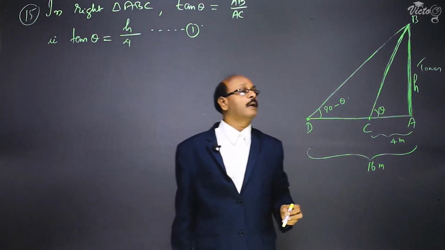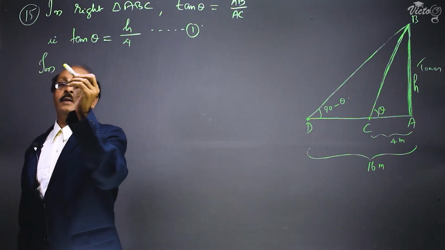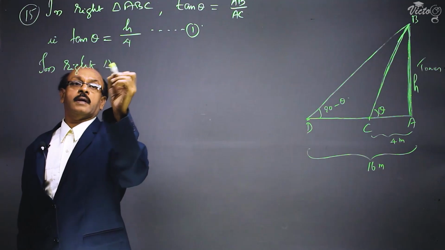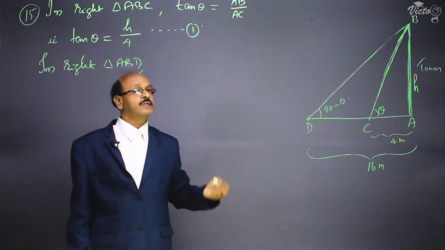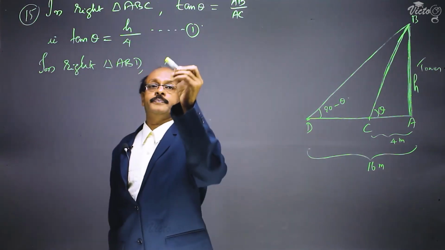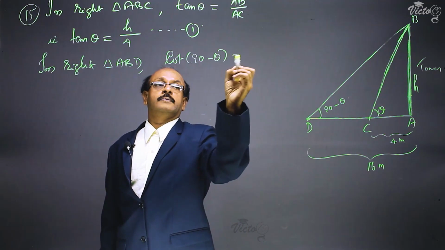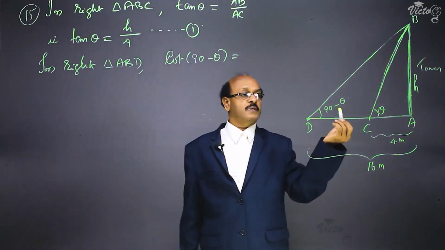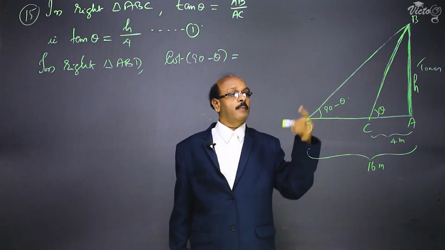Again, in right triangle ABD, we can take cot 90 minus theta. Now remember, tan theta is equal to opposite side by adjacent side. Therefore, cot theta will be adjacent side by opposite side.